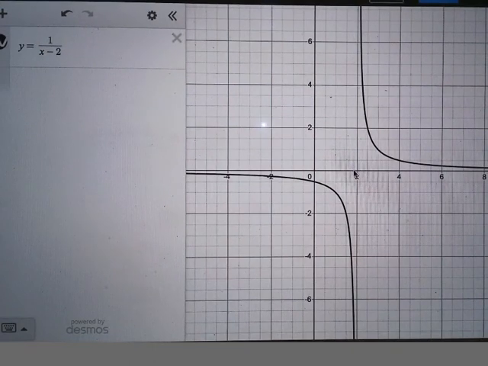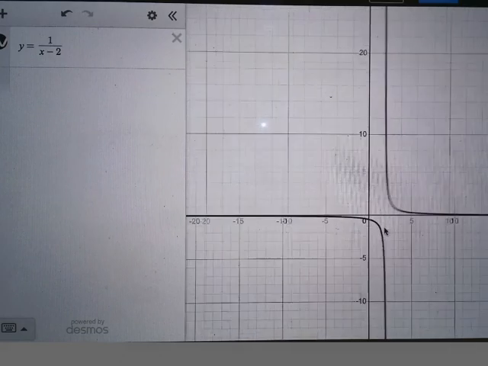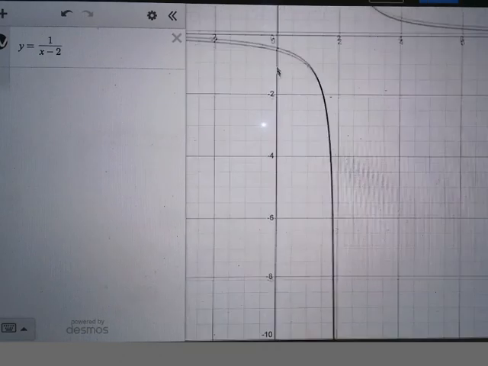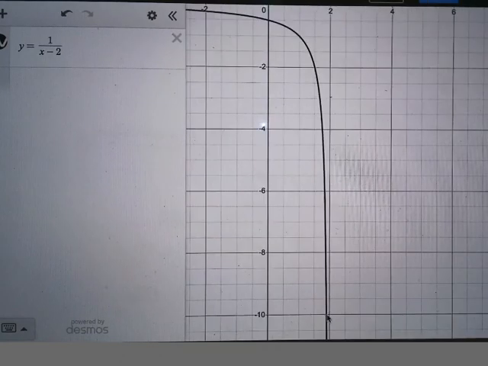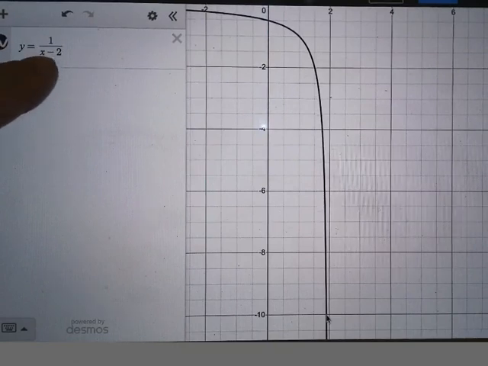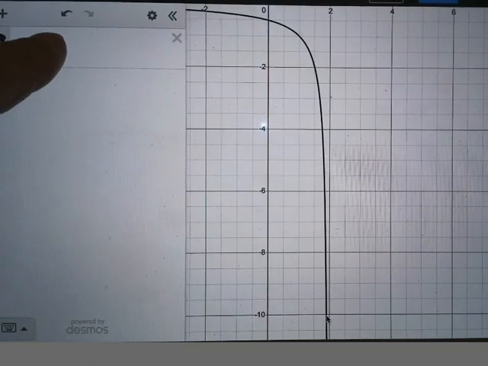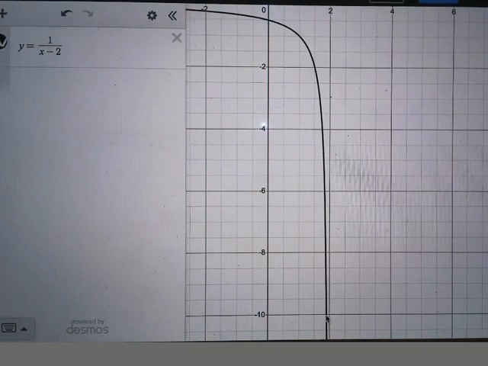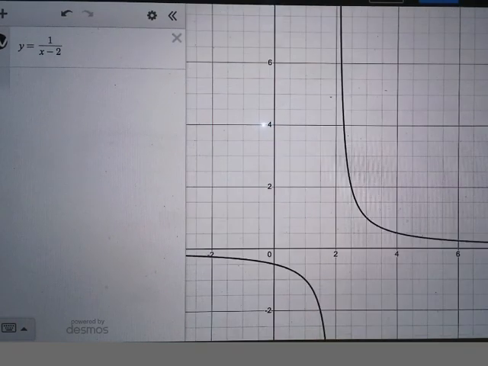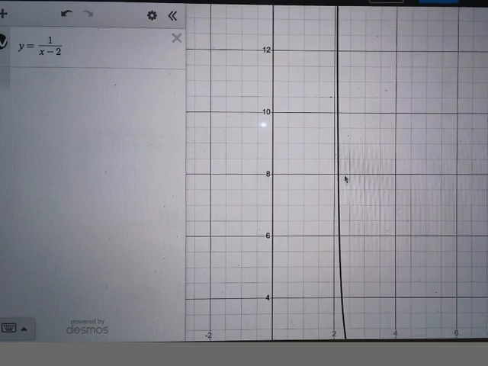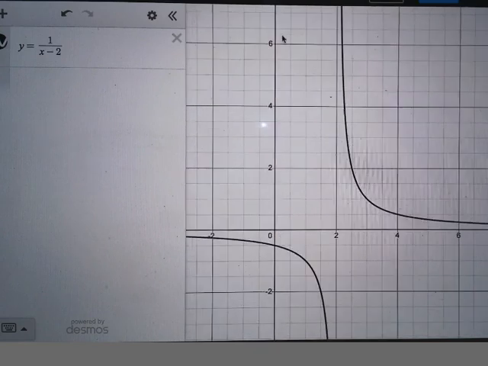So at 1.9, it's clear down here at minus 10. If I put in 2.1, minus 2 would be 0.1, and 1 divided by 0.1 would be plus 10. And that's exactly what's going on here.